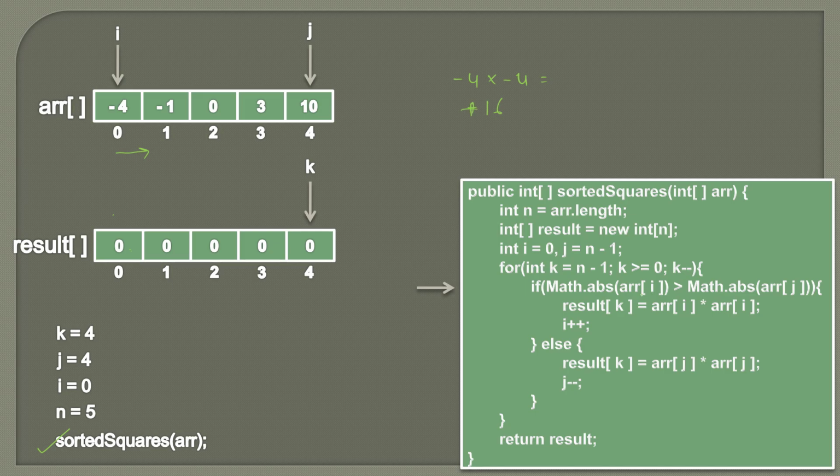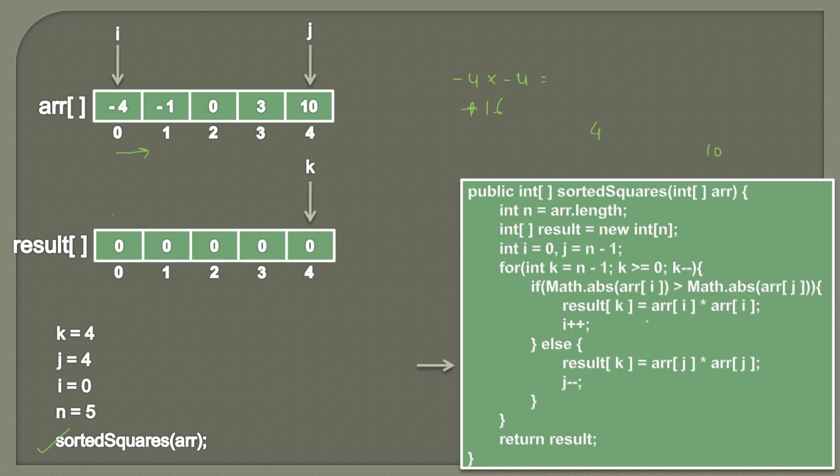So here if you see, math.absolute value of I will be 4 and j will be 10, so 4 is not greater than 10. This condition comes out to be false. So the else part will be executed.